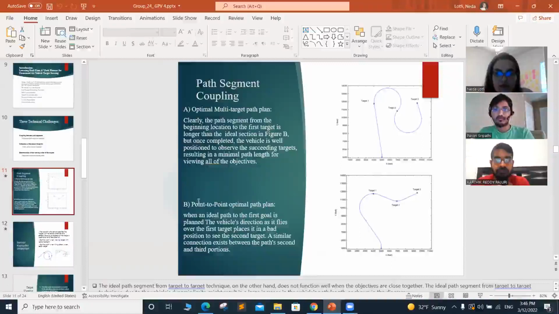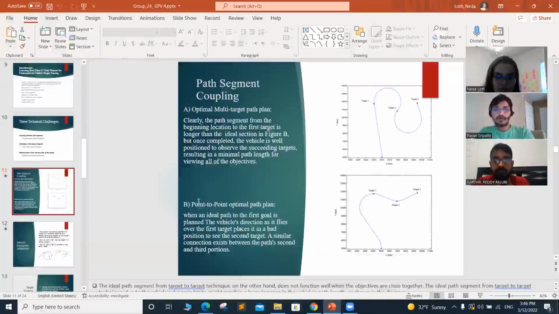The point-to-point optimal path plan deals with this: when an ideal path to the first target is planned, the vehicle direction as it flies over the first target is a bad position to see the second target. In a similar way, the connection exists between the second path and the third path, and so on.